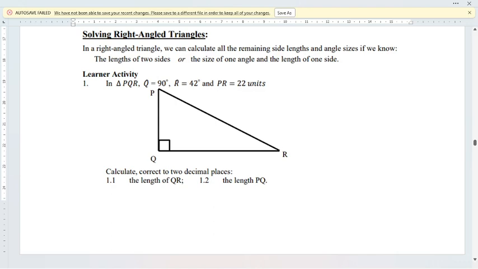Right, can you get the problem or the activity? They say in a right angle triangle we can calculate all the remaining side lengths, and then the angle sizes if we know them. Okay?